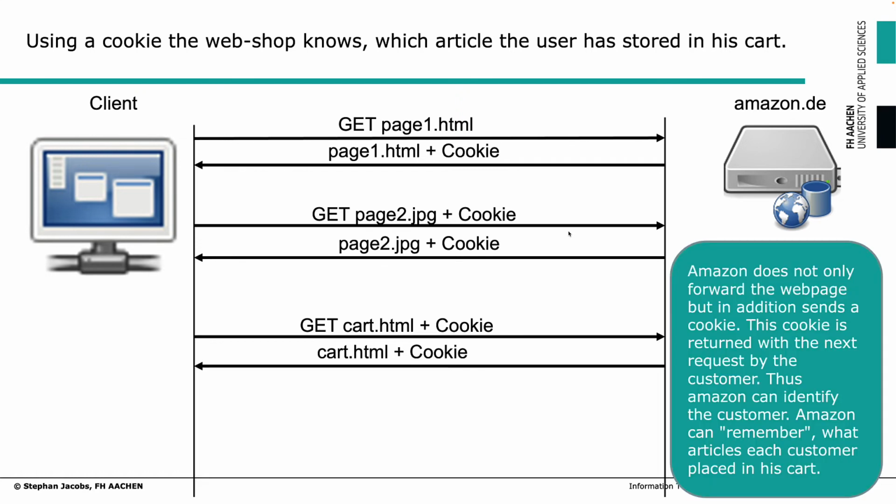So Amazon does not only forward web pages, but it forwards again these cookies, which are now used as a way to identify the client towards the Amazon server.